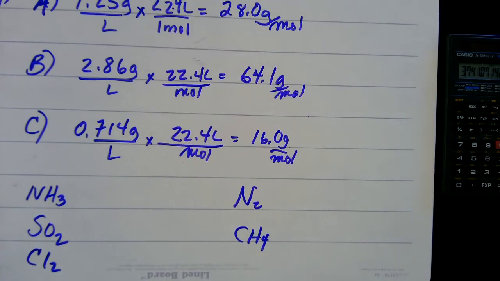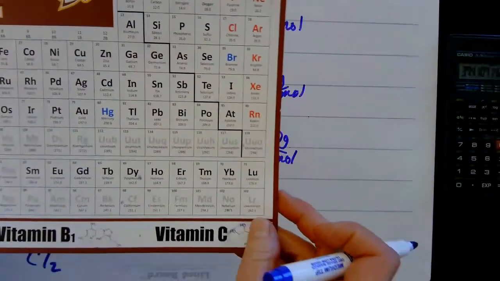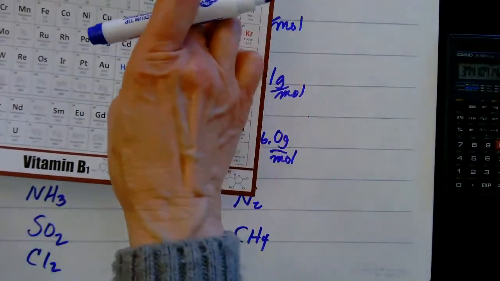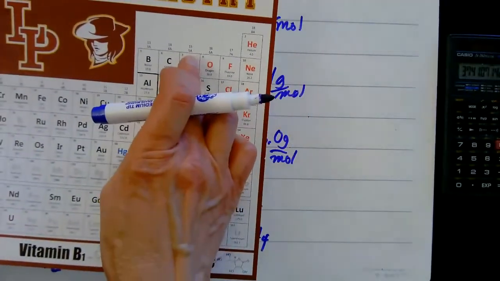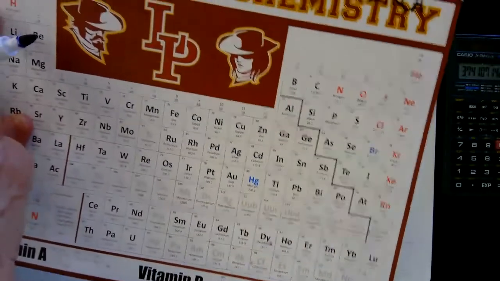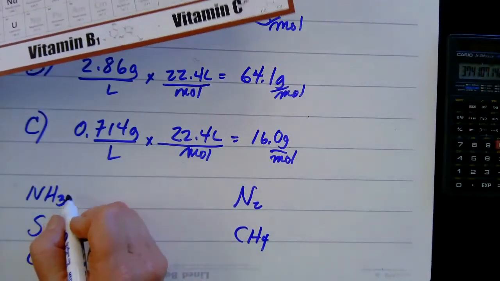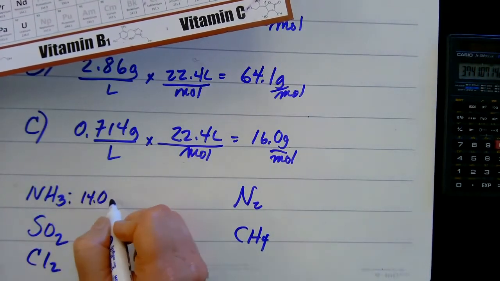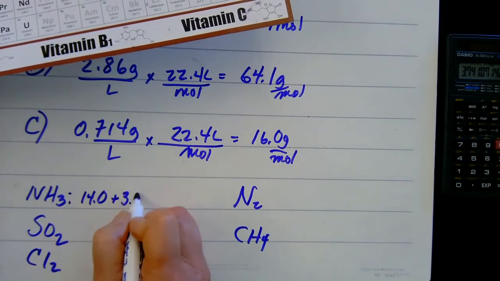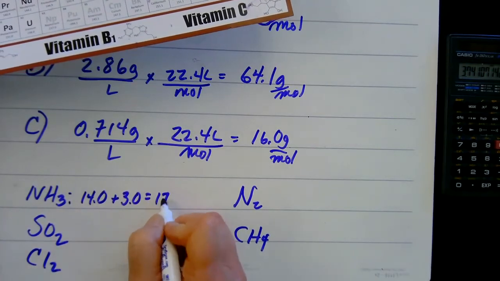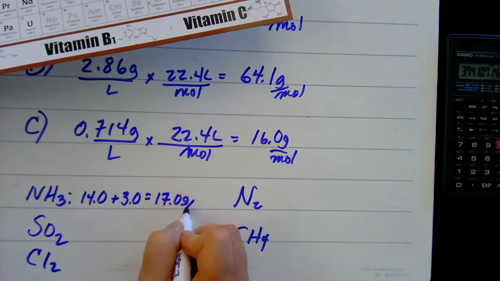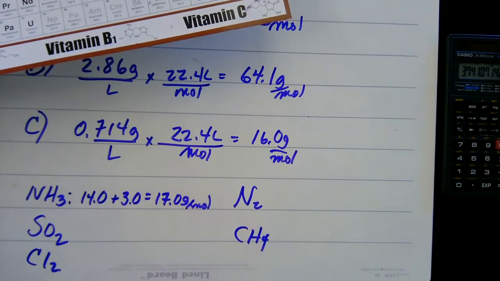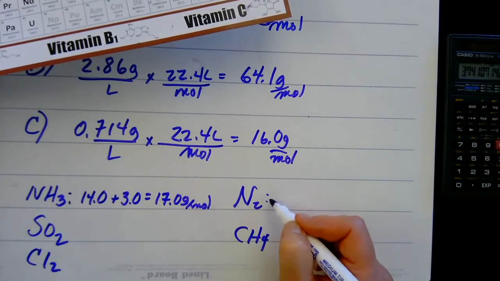Using our periodic table, we add together the 14.0 for 1 nitrogen and 3 times 1.0 for the 3 hydrogens, so 3.0, and we get 17.0 grams per mole as the molar mass for NH3. While we're working with nitrogen, let's go to N2.